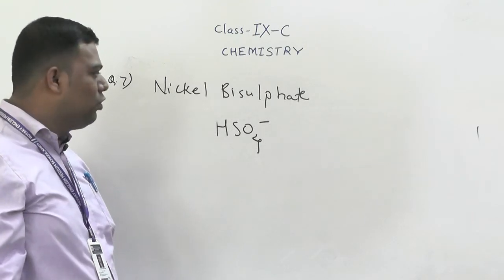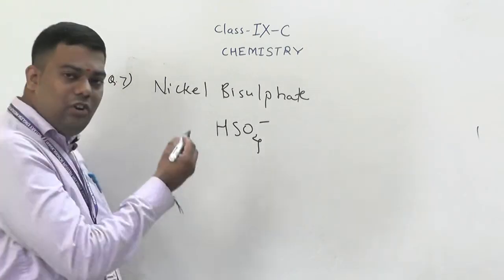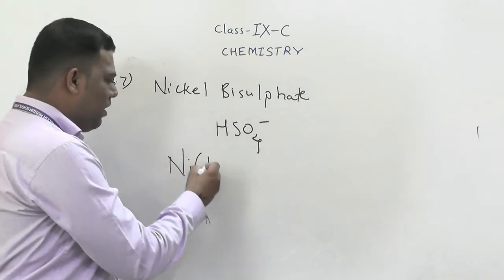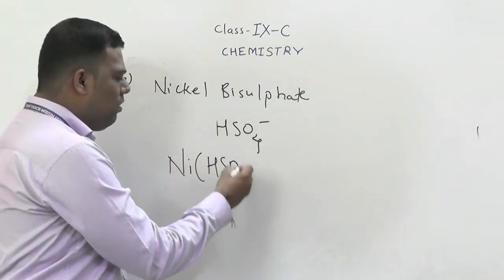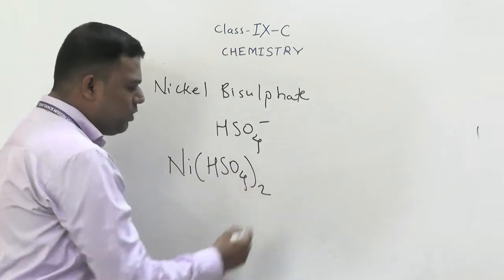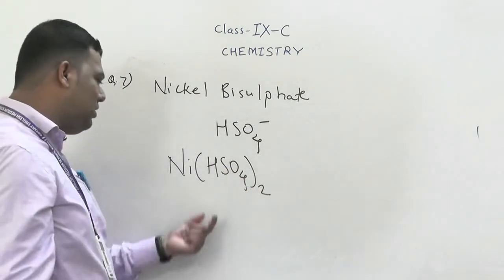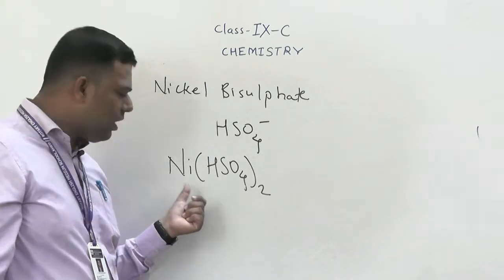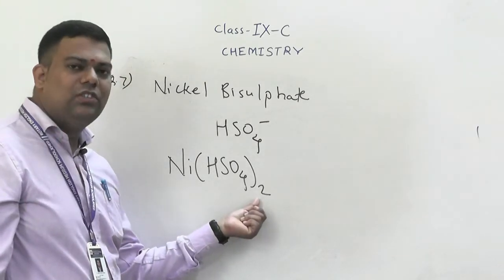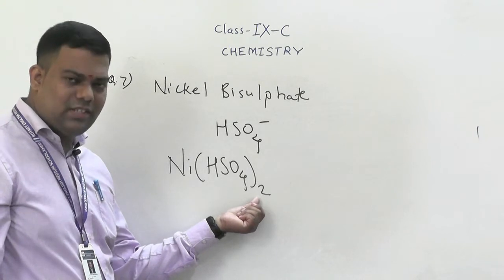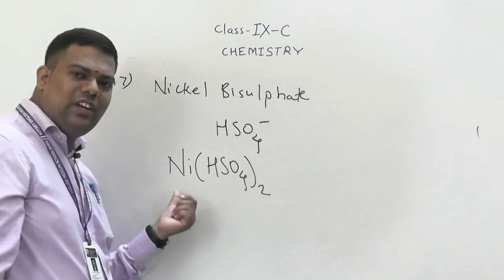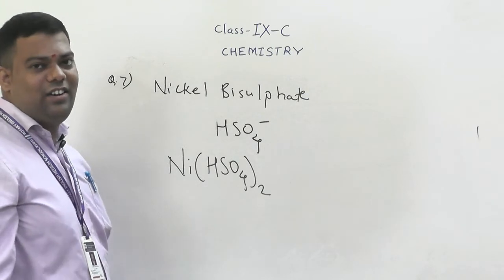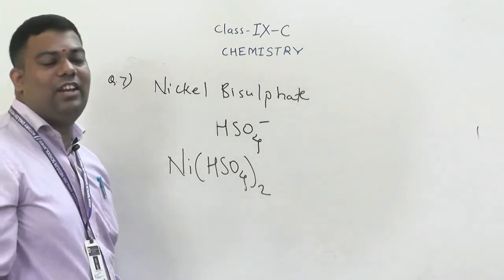So nickel bisulfate is Ni(HSO4)2. Why twice? Because of crossover valency: Ni has a 2 plus charge and HSO4 has a minus charge. We already saw this in determining the chemical formula of any compound.